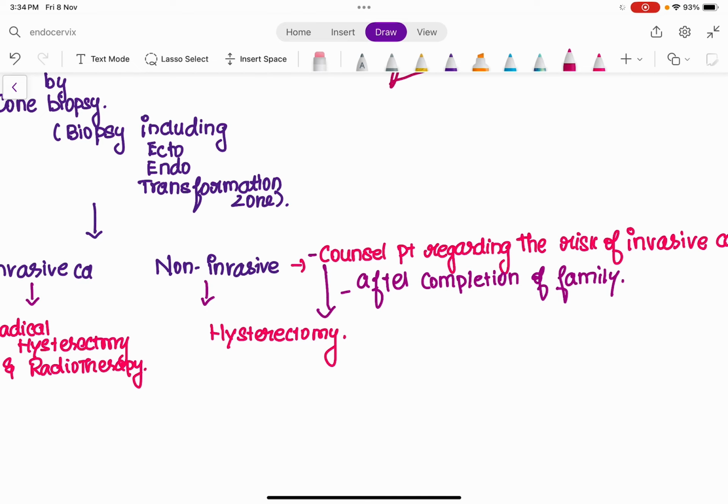No. You have to counsel the patient regarding the risk of invasive cancer sooner or later, right? This can become an invasive kind of cancer. Because of that, you have to advise hysterectomy, that is removal of the uterus and the cervix, in that patient. If she is a reproductive age group female, you have to ask her to complete her family as early as possible and then come for hysterectomy.